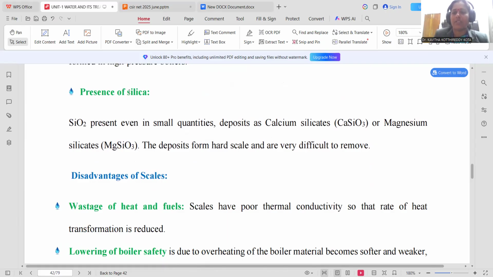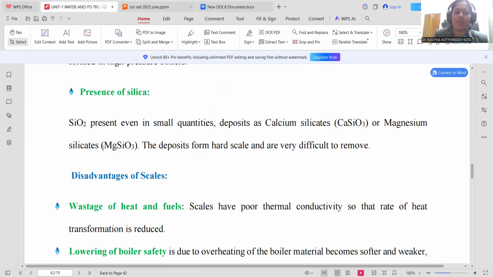So there is an obvious condition: water may be accompanied by sand whenever you are taking it from river water or oceanic water anywhere. So at that condition, silica, though it is present in a very minute quantity, is able to generate calcium silicate. If calcium impurity, calcium hardness, is present in the water, and silica is mixed with it, there is a formation of calcium silicate.